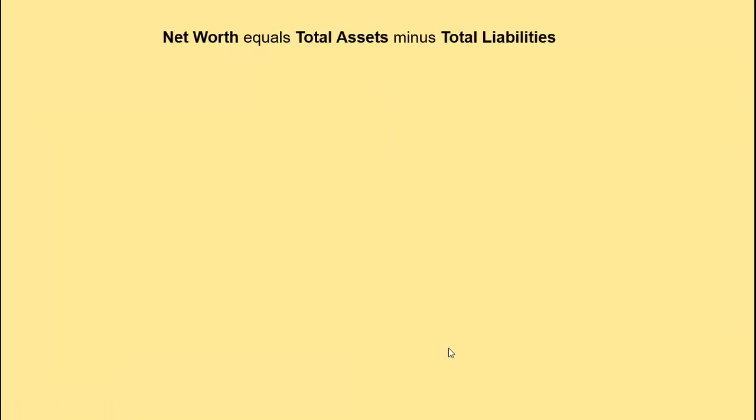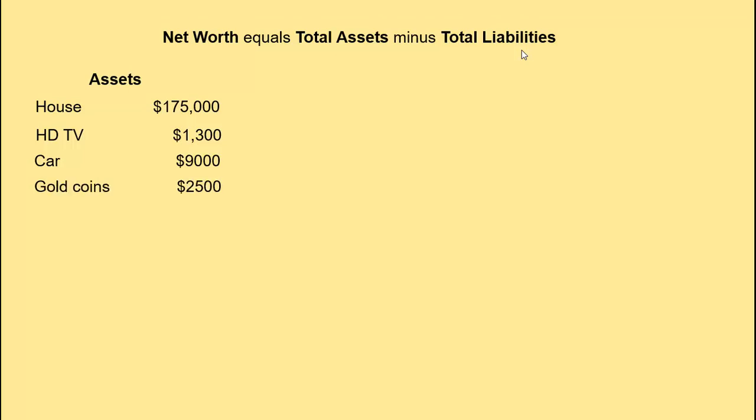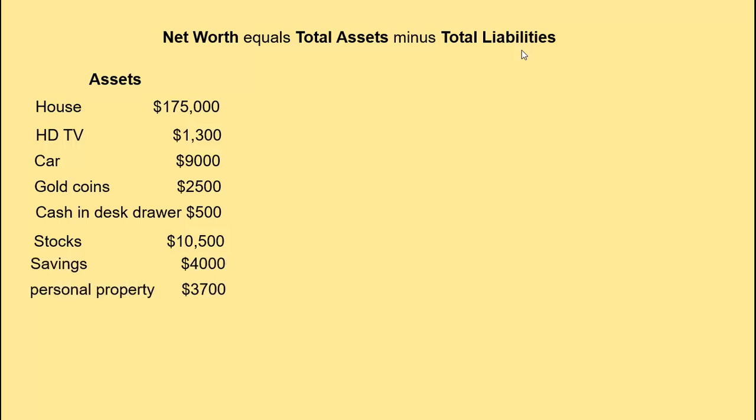Now, net worth, or owner's equity, would be the total assets minus the total liabilities. So here's what I had. Assets, again, house, HD TV, car, gold coins, cash in the desk drawer, stocks, savings, personal property.